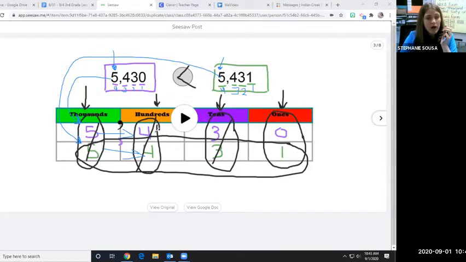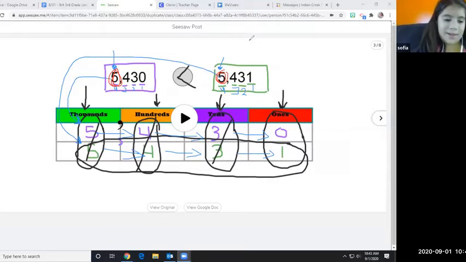These were the same as well, so we moved on to the next place value. And again, those were the same, so we had to go all the way down to the ones. So when we see numbers that are the same, we have to move on to the next place value digit. Does that make sense, Sophia, or do you still have questions? That's okay. All right, thank you.